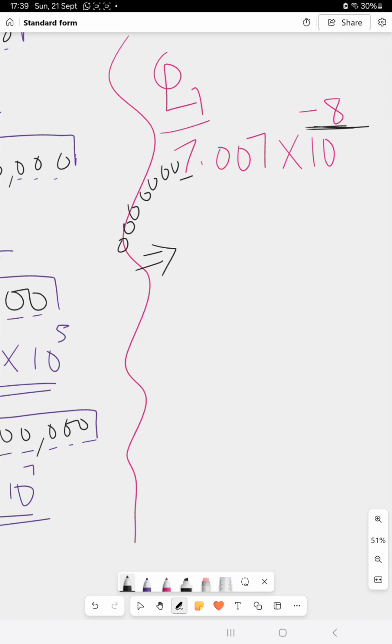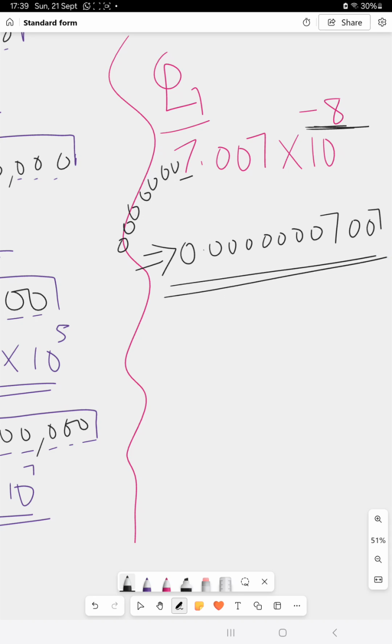Now the answer will be 0 point, then 1, 2, 3, 4, 5, 6, 7, sorry, 0, 7. Then I add the other part there. That's the number in full. Thank you. That is for D.